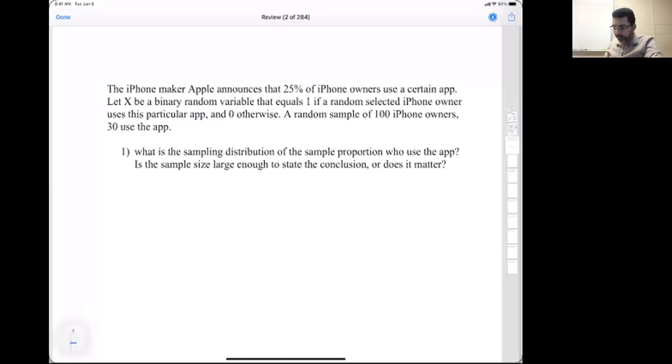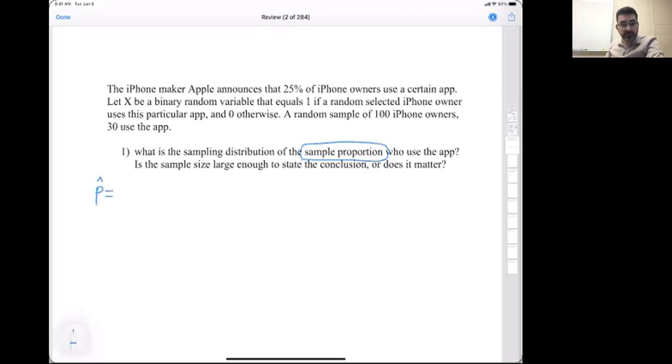What is the sampling distribution of the sample proportion for the people who use the app in this sample? First of all, you have to know what statistic we deal with in this scenario. As you can see here, we have the sample proportion. This is our statistic, P hat.